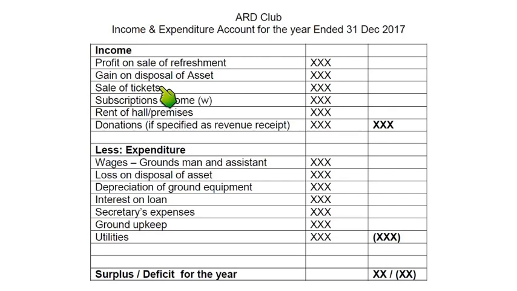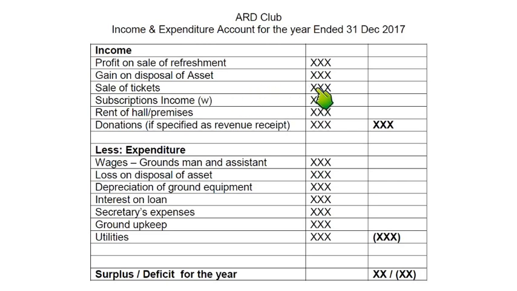Maybe the total expenses for this concert were 60,000 and the sale of tickets was 100,000. We do not need to write 1 lakh here in income and 60,000 here in expense. We need to net both, that is 100 minus 60, to get the final profit figure of 40,000, which is shown as an income.